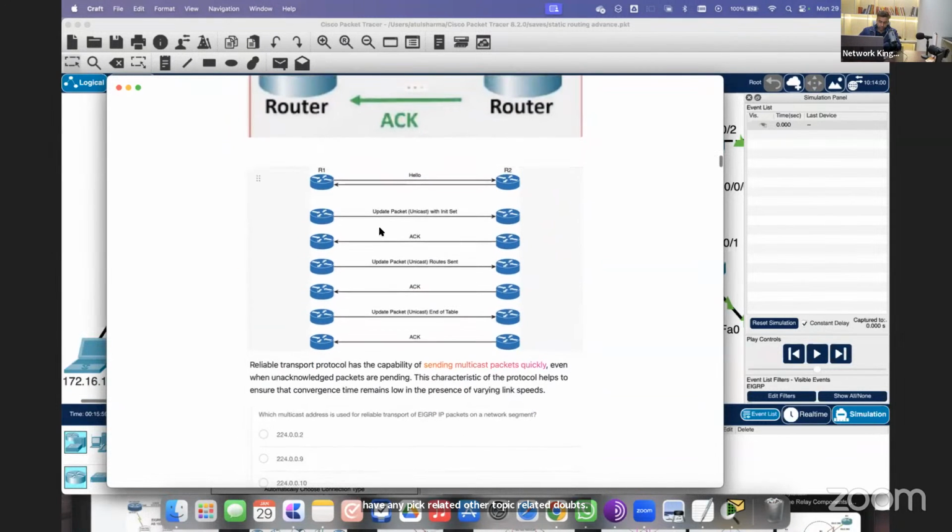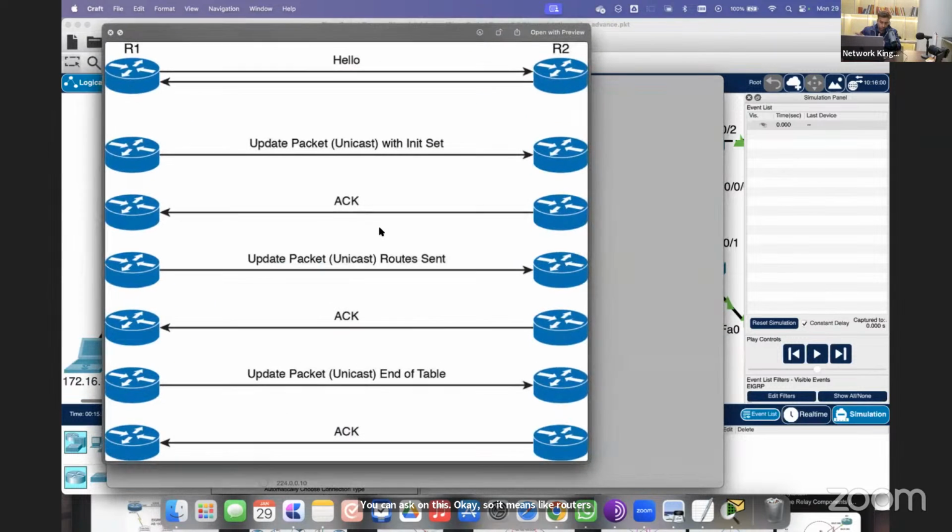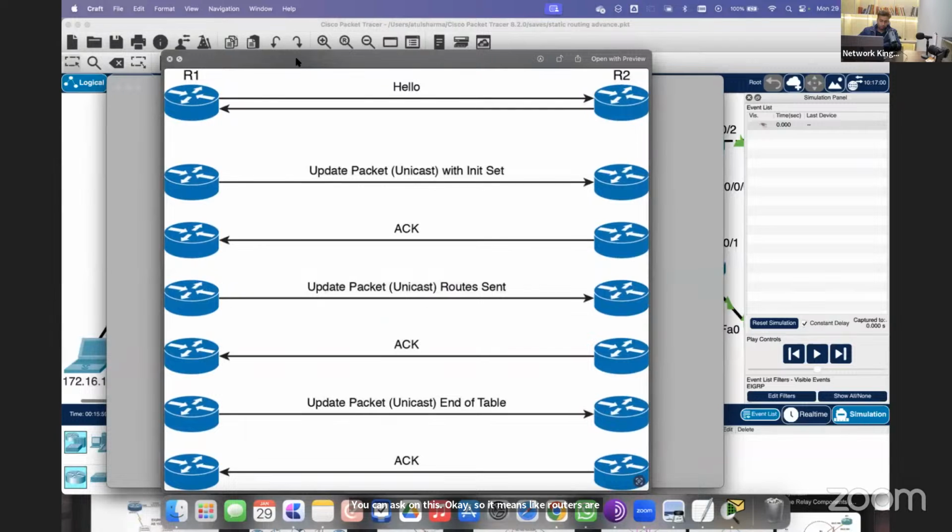So it means routers are doing some stuff. Basically what we have understood is that routers first say hello to each other. Routers send hello packets to each other, and then they become neighbors. After hello they become neighbors. Then we send update packets, and when we send all my updates, the router will give me an acknowledgement.